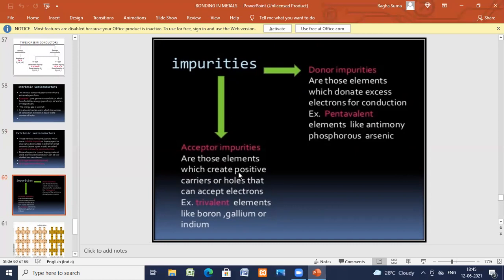Acceptor elements get the positive charge carriers or holes and accept the electrons. These are the lesser valence elements like boron, gallium, indium. These have 3 valence electrons. They create the positive charges or holes that can accept electrons.